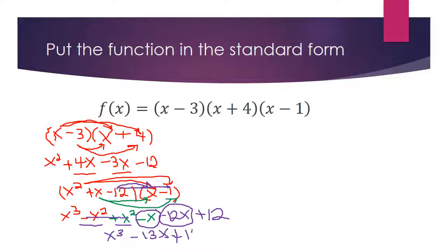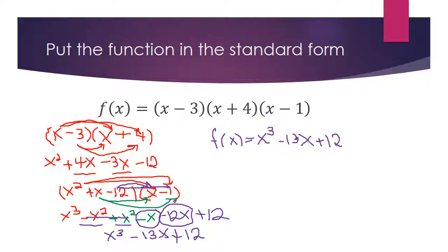So the standard form for this polynomial is f of x equals x to the third minus 13x plus 12. Now, since the highest power in this polynomial is 3, that means that we have a cube function.